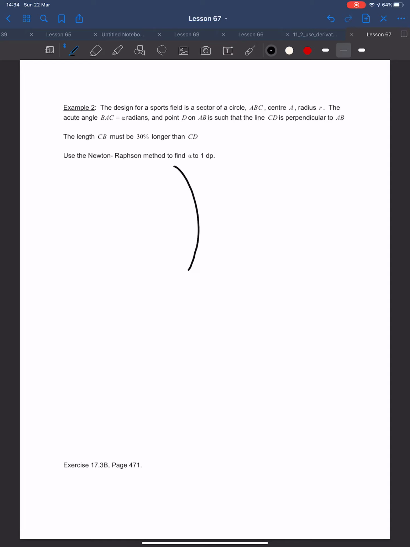A sector of a circle is a bit like a slice of a pie. That'll do. Okay, centre A, and then that's B, and that's C.